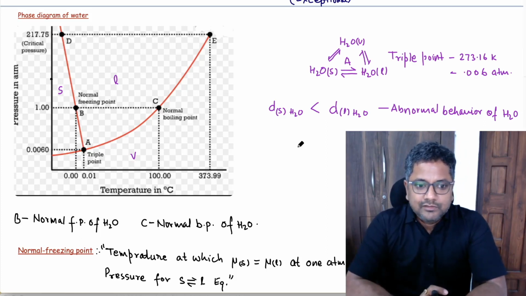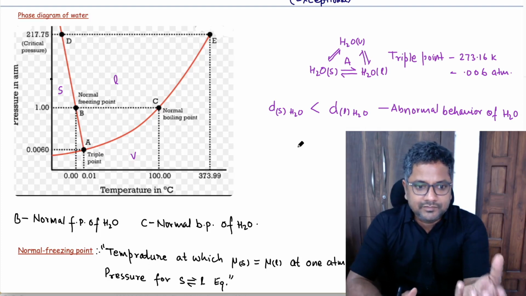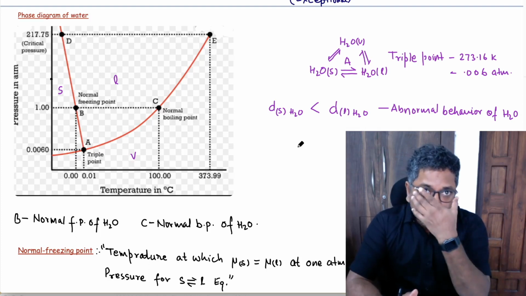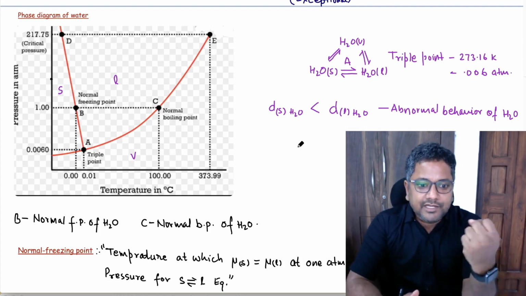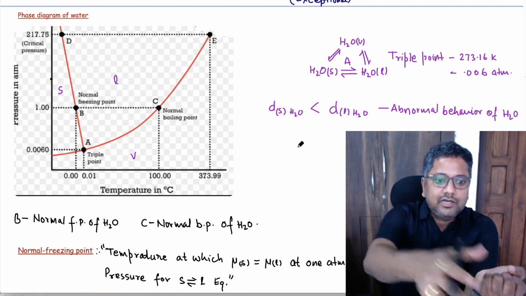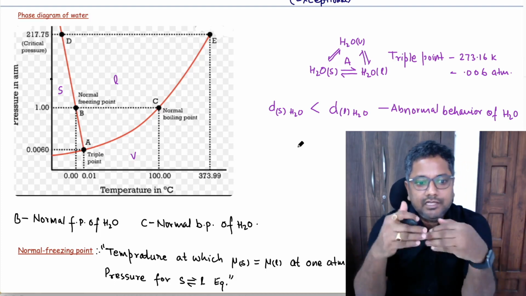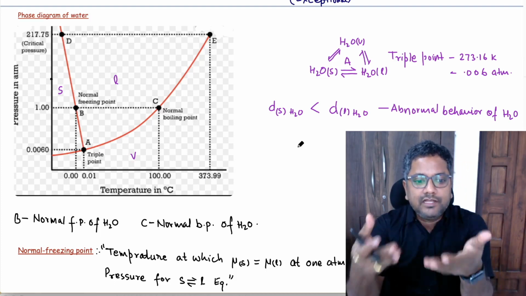In an open container the external pressure is 1 atm, but if you close that container, you are increasing the external pressure. So in a pressure cooker, the boiling point will increase.